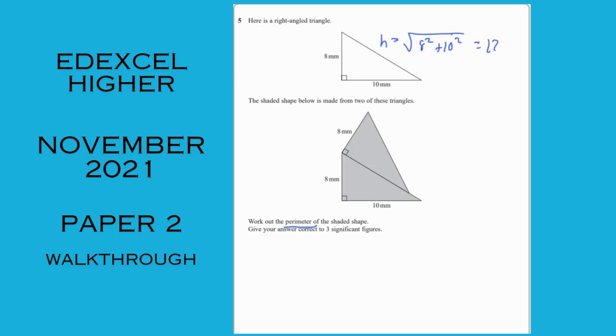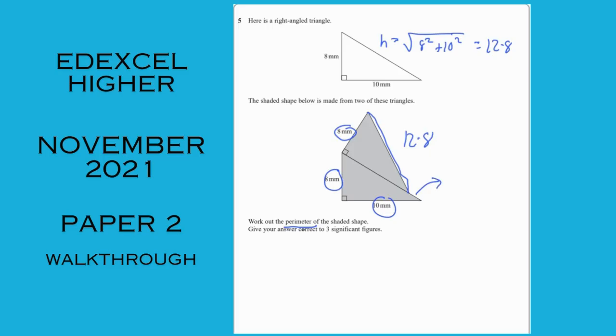On your calcs, 12.8-ish. It wants the perimeter of this shape, so it's 8, 8 and 10. That's the easy bit. You've got this line here. That's 12.8. But don't forget you've got this little fella here.